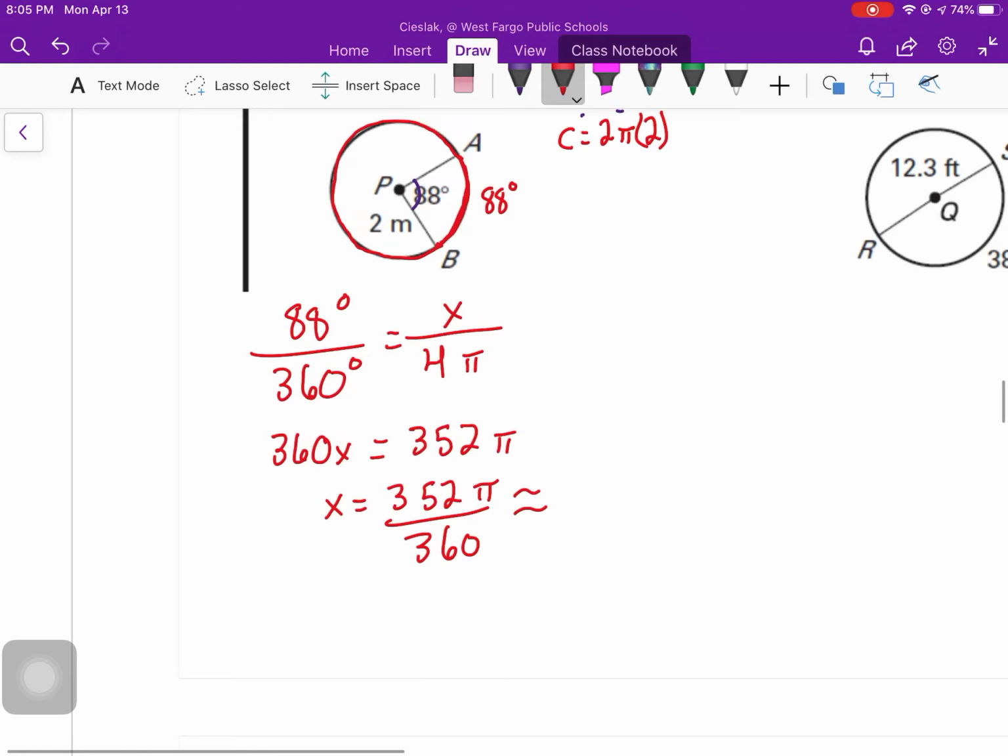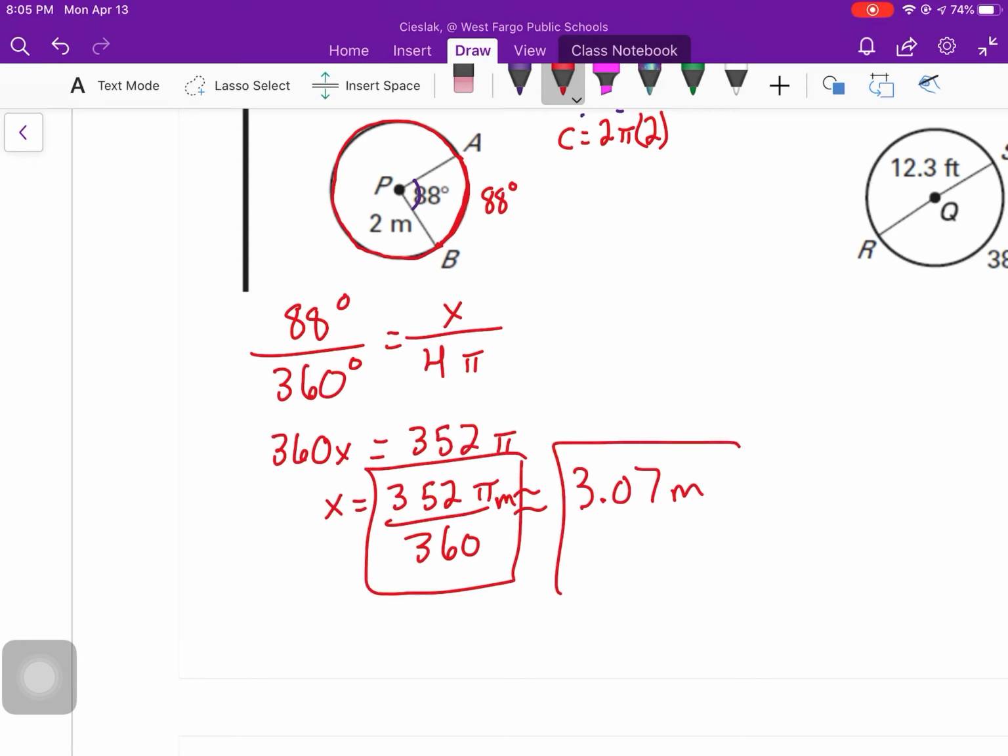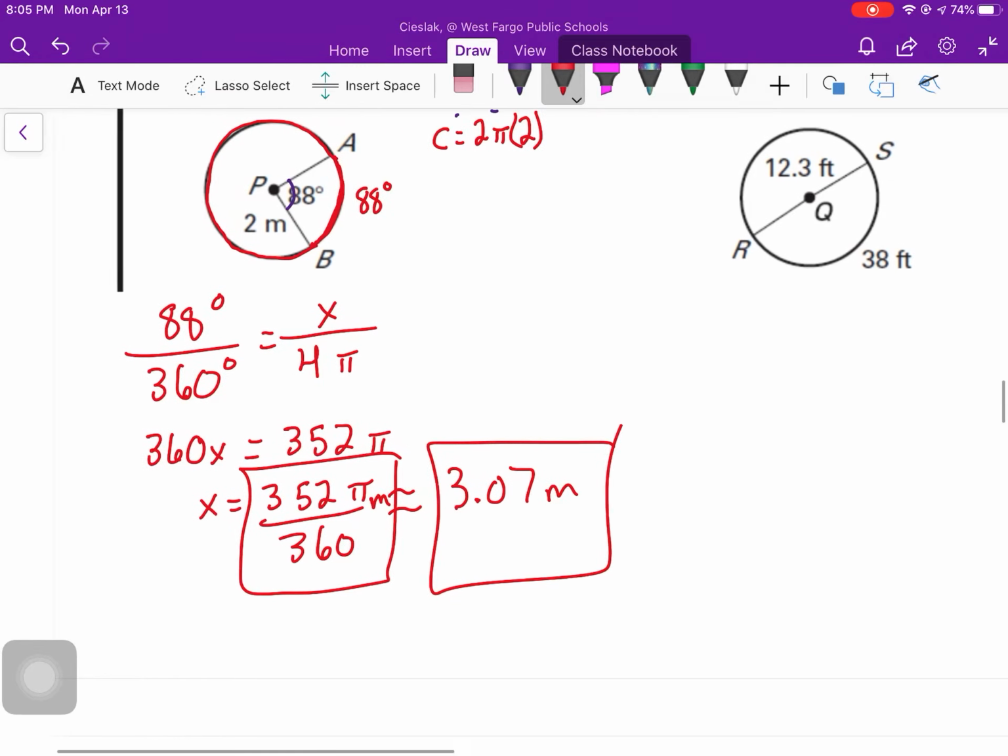And if we type it into a calculator, it is approximately... Oh, my calculator shut off. Give me 1 second. 352 pi. Approximately 3.07. Be careful on your label. It should be 3.07 meters. This one would have meters. This is my exact answer. This is the rounded value.